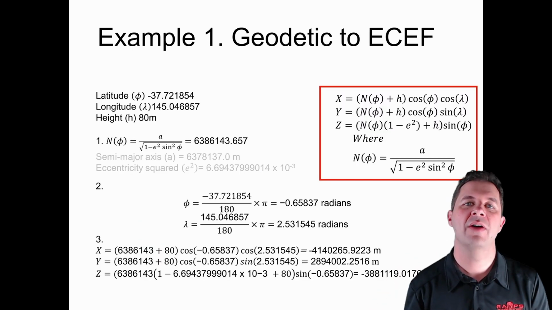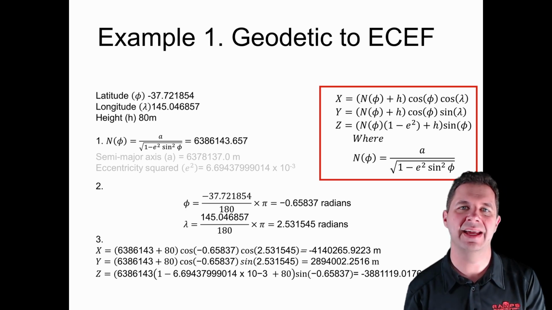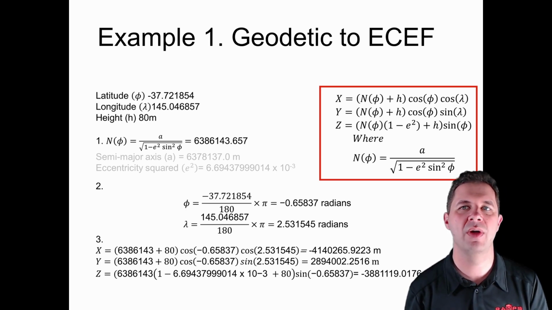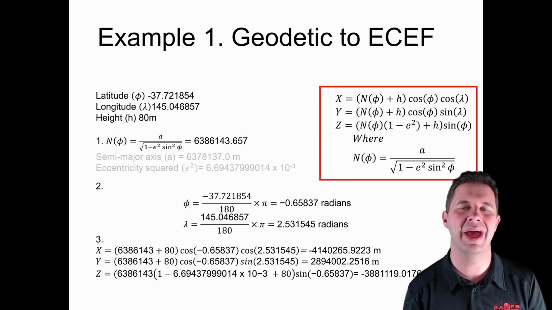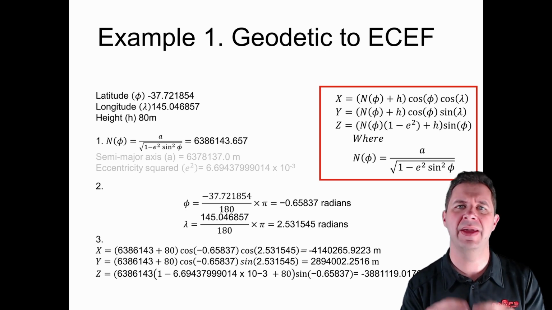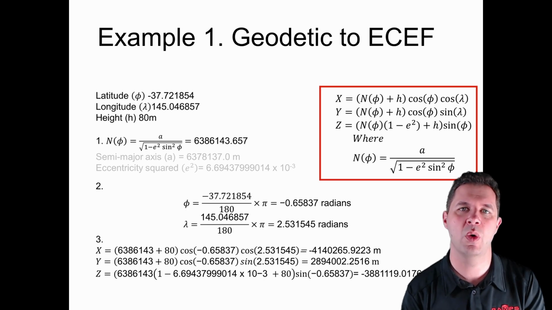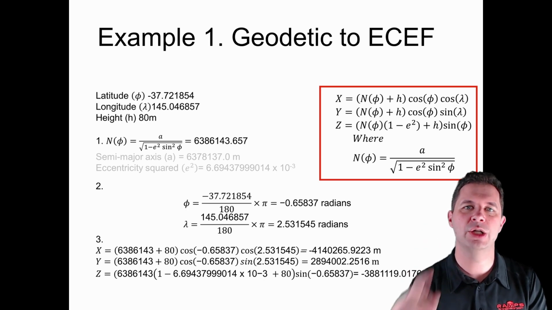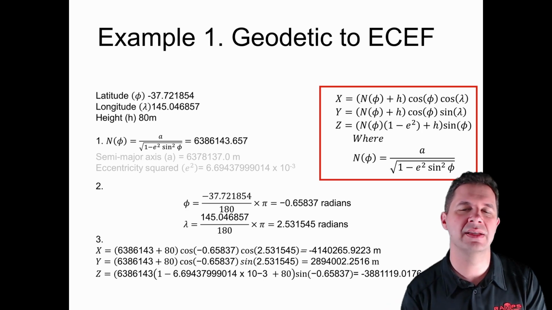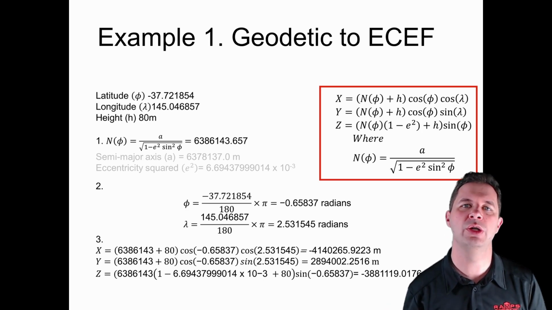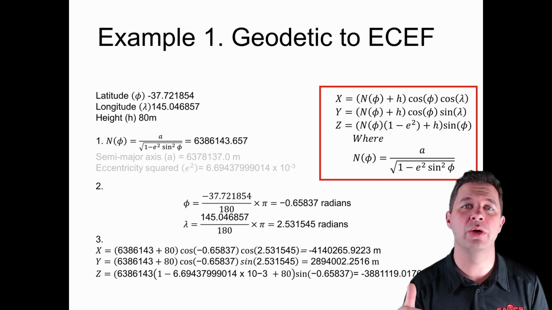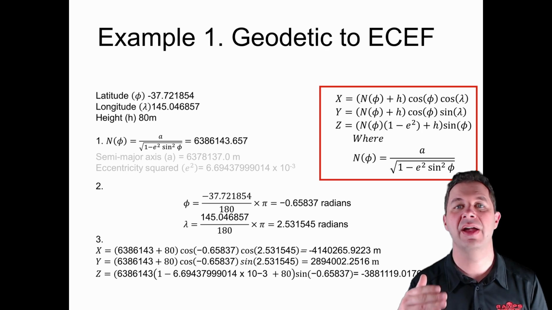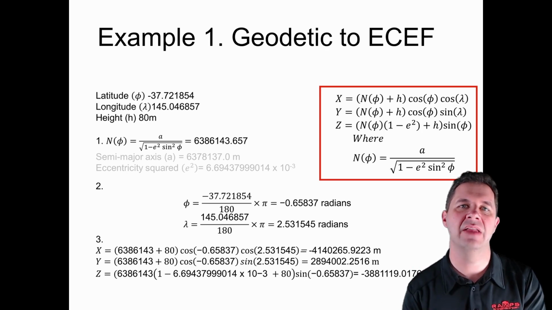So our first example here, we're going from our geodetic to our ECEF point. And so we've got our latitude and longitude and height specified, which is our geodetic data. And we want to convert that to an ECEF point, which remember is going to be a Cartesian value in X, Y, and Z. So we use our equations that we had previously with X, Y, and Z. We're going to assume that we're using WGS84, and using WGS84 and our A value for the semi-major axis and our eccentricity squared, we can work out what our N value is going to be.